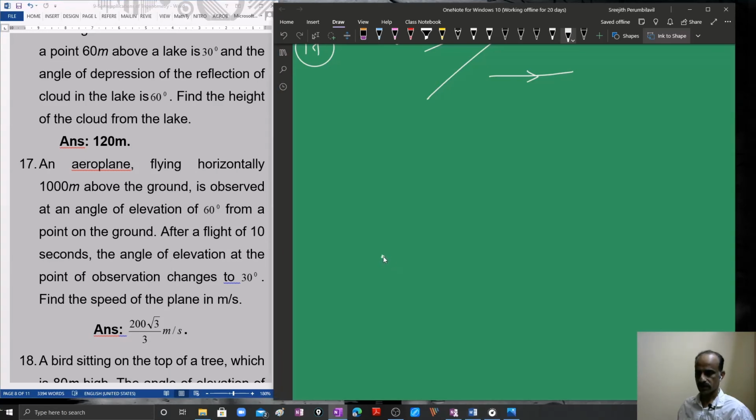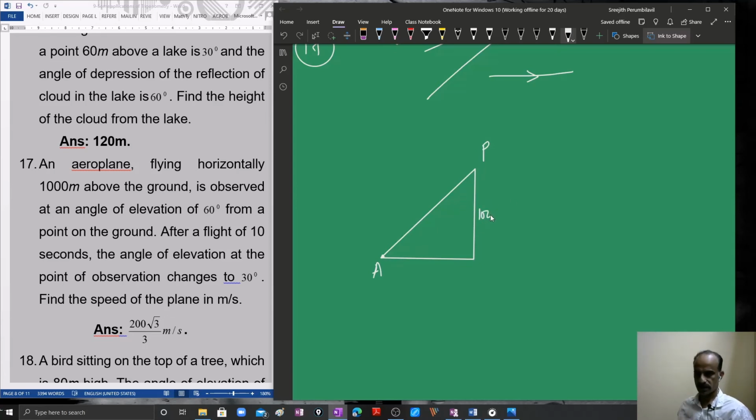So there's a point on the ground, the observation point, and the aeroplane is found at an angle of elevation of 60 degree. So this is A. P is the position of the aeroplane, 1000 meters above the ground.